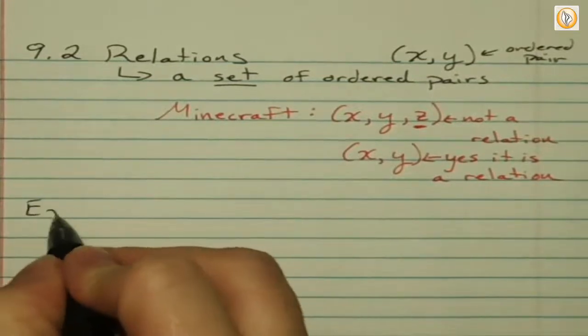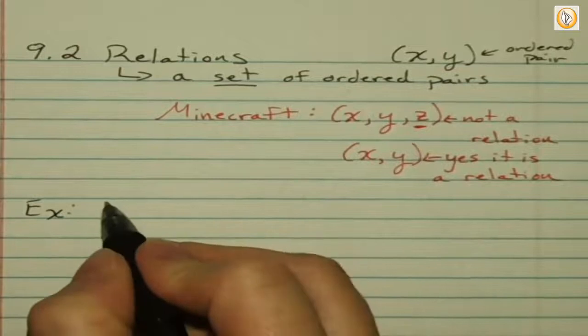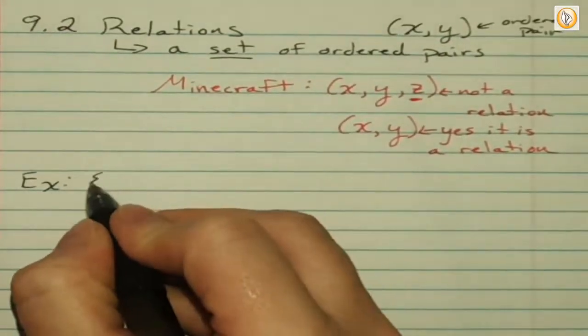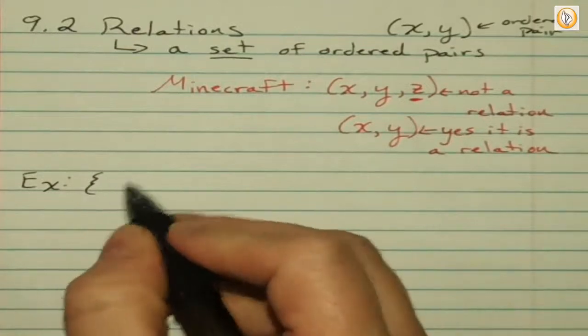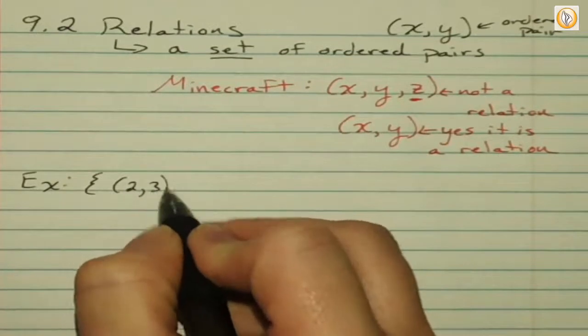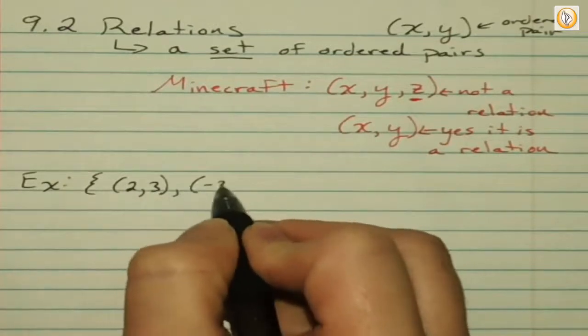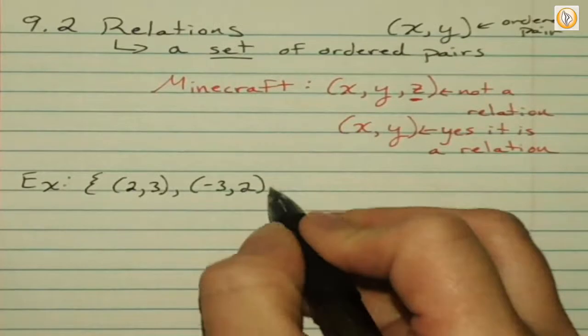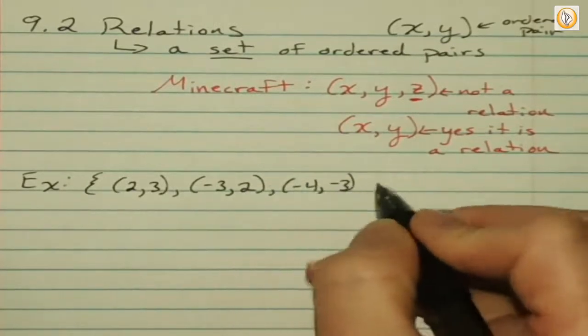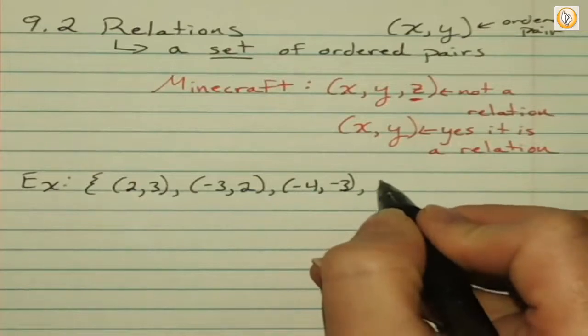So, another example. And yes, here's my little example. You need to put these little brackets. Those are weird brackets. I'm writing all of these ordered pairs.